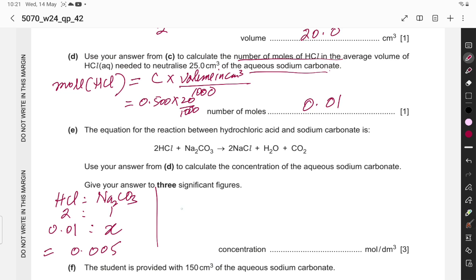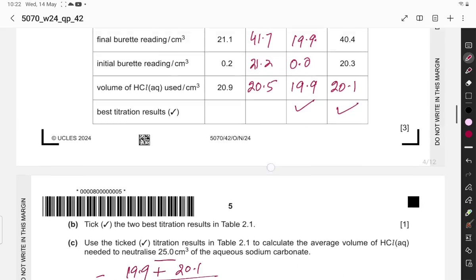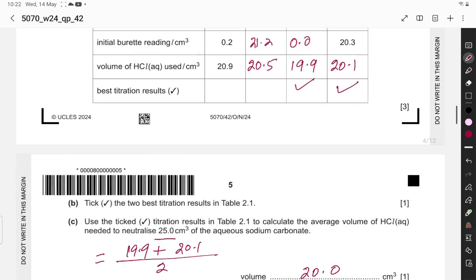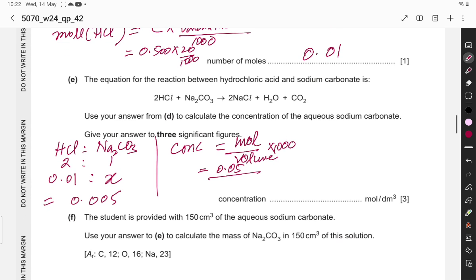This is the moles of sodium carbonate. Now concentration is equal to moles over volume times 1000. The moles is 0.005, divided by the volume of sodium carbonate, which is 25, times 1000. So the answer is 0.2.